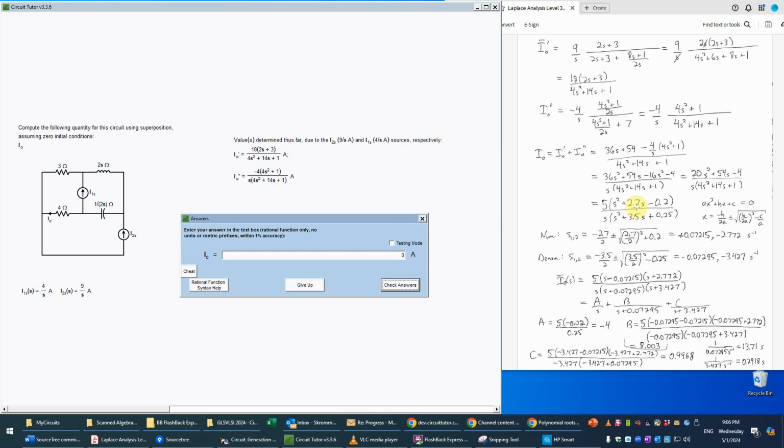Okay, so now we need to find the roots of both the numerator and the denominator. So we'll use the standard quadratic formula. If ax squared plus bx plus c equals 0, then the formula that I've always advocated you use is x is negative b over 2a plus or minus the square root of that same term squared minus c over a. That's a very convenient form to use here.